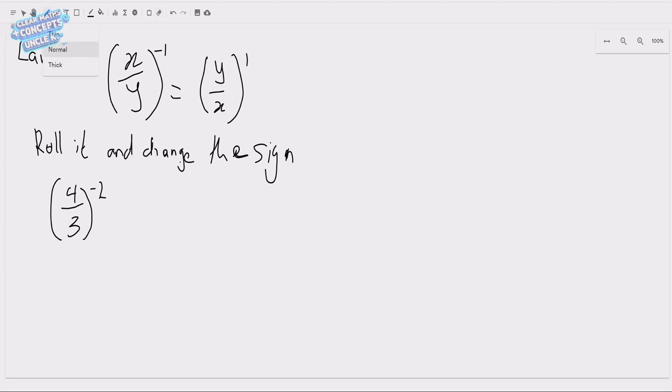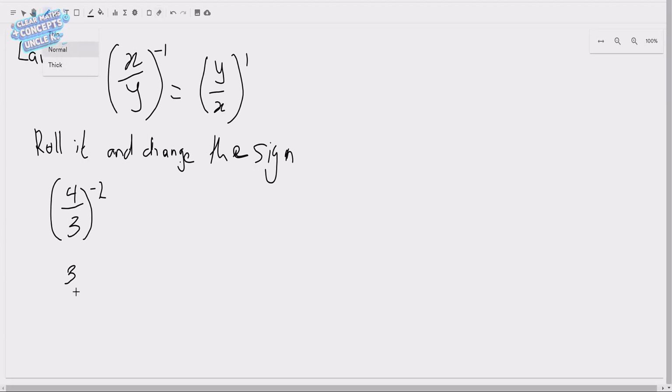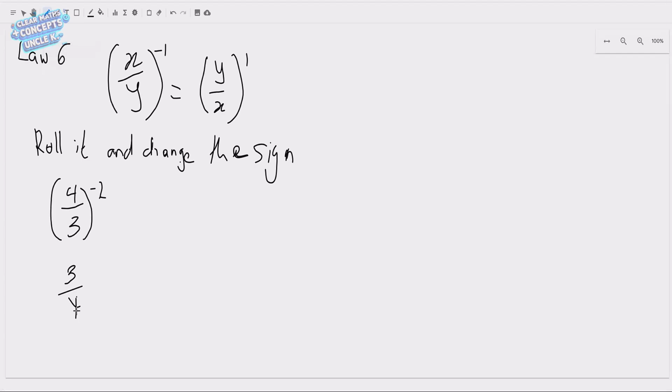So this will give you 3 over 4. Now it will be raised to the power of 2. It should be 3 raised to the power 2 over 4 raised to the power of 2. This will give you what? 16. Sorry. It will give you 9 over 16.